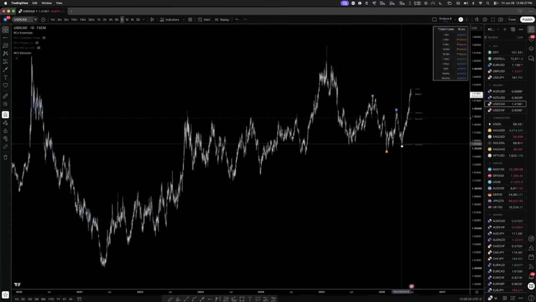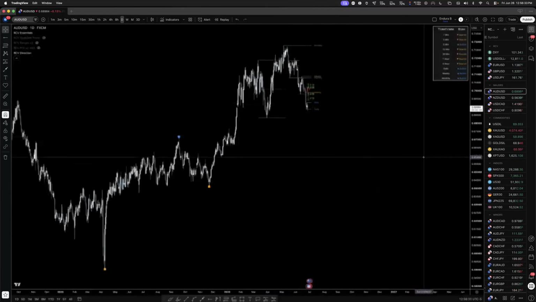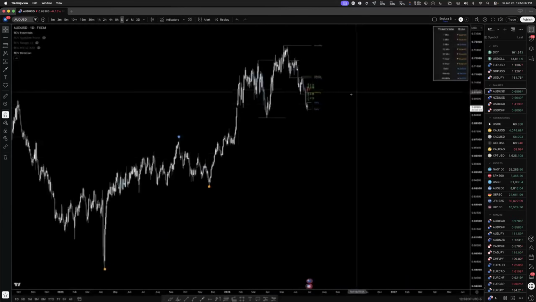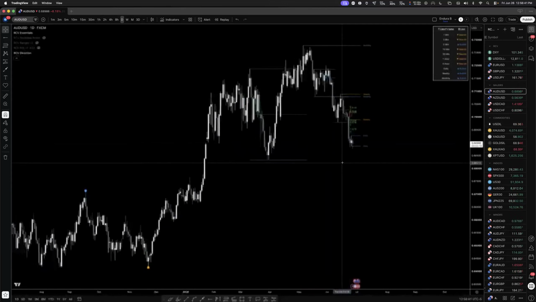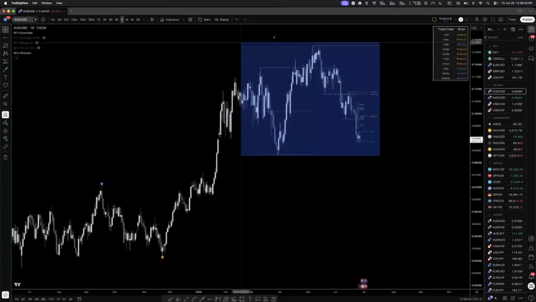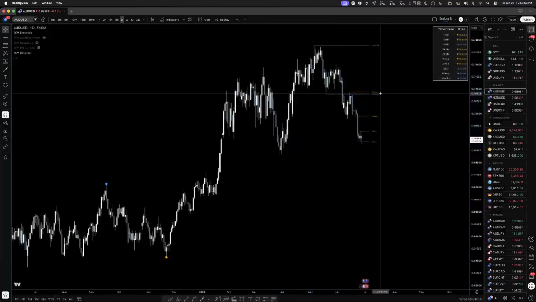This is what we probably looked at a couple months ago, but I'm seeing a similar scenario now with AU, and that's why I've been having a bearish bias on this for a while. Let me clear this up here. Okay.